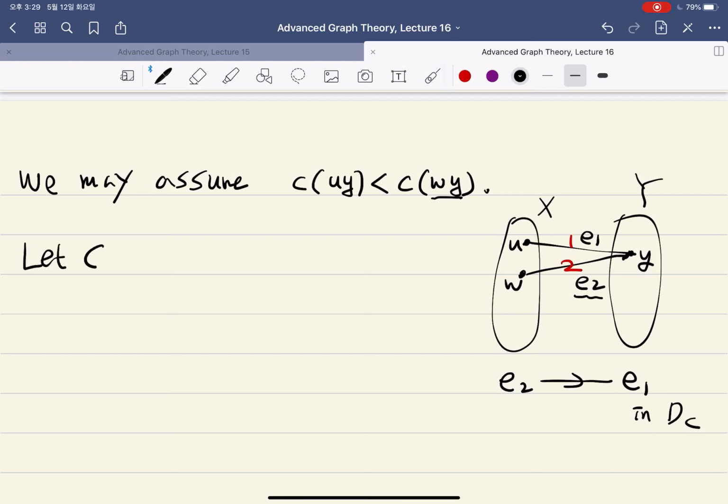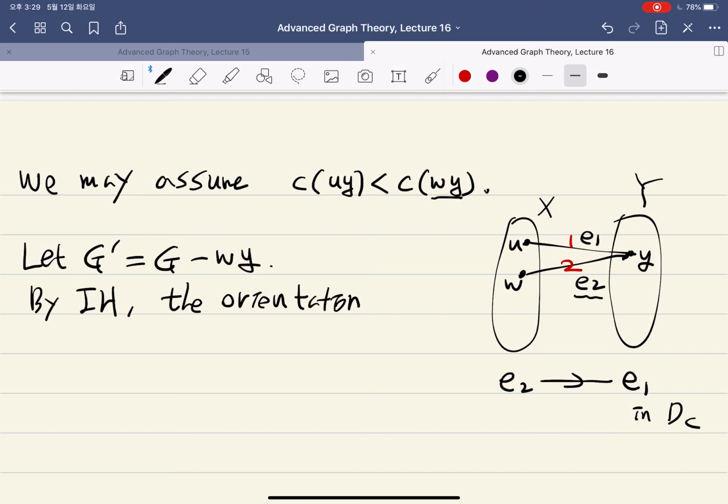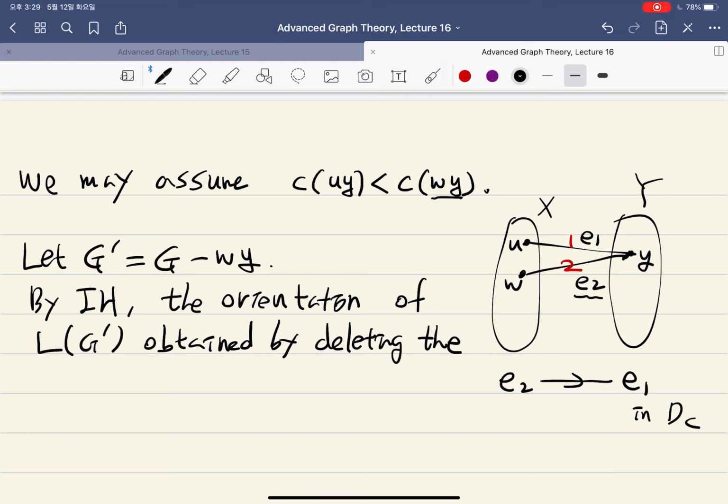So let G prime be G minus WY. Then by the induction hypothesis, the orientation of LG prime obtained by deleting the vertex WY from DC has a kernel, say S prime.